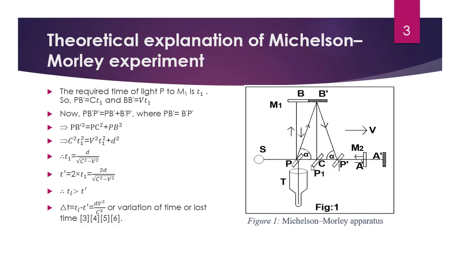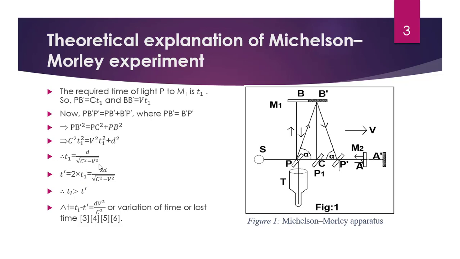And now just use the Pythagorean equation inside the triangle PBB dash. So PB dash whole square equals PC square plus B dash C square, or you can write PB square. Then putting in the values, c square T1 square equals v square T1 square plus PB square, where PB equals d, plus d square.